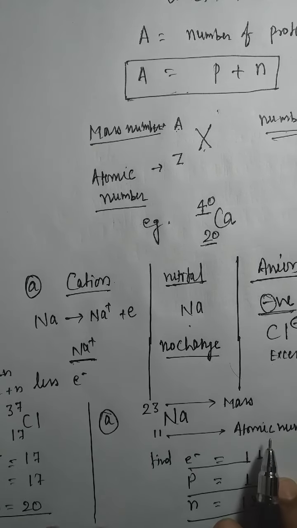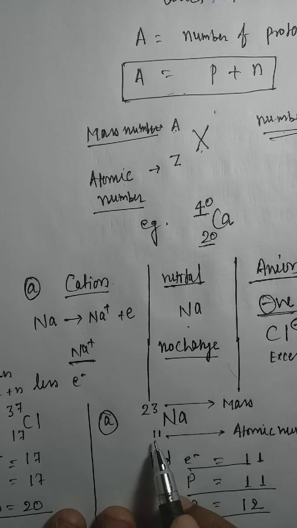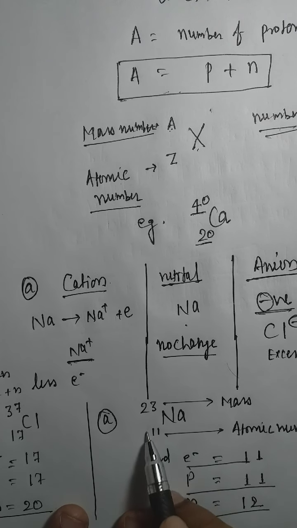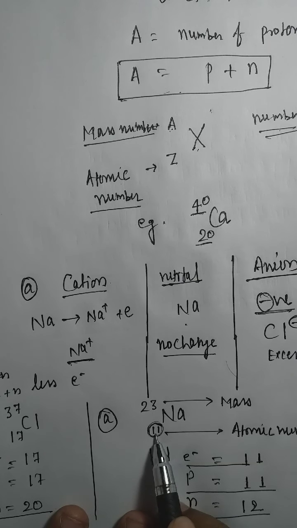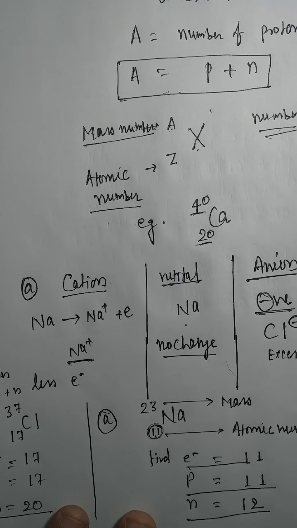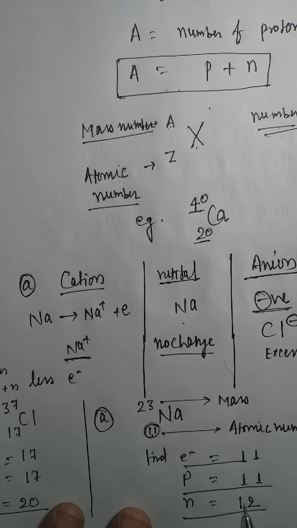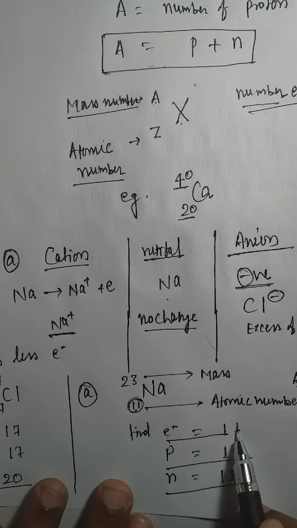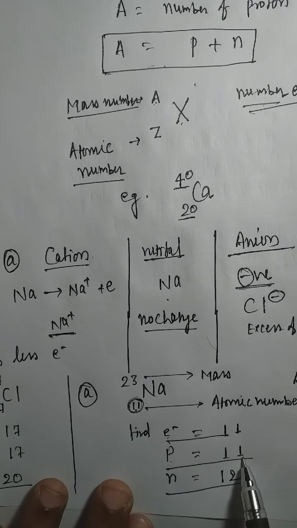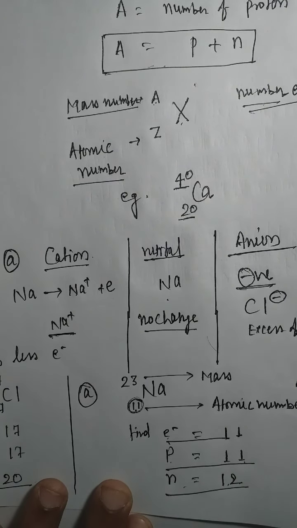For this we know the number of electrons is equal to the number of protons. So just keep in mind here the bottom side 11 digit indicates the atomic number, and atomic number is equal to number of proton. In a neutral atom, number of proton is equal to number of electron. So we write 11 is electron, proton is 11 and neutron is 12.